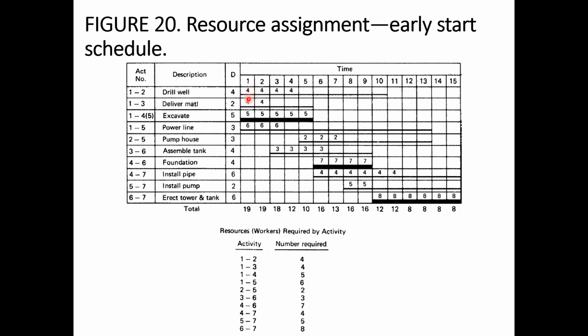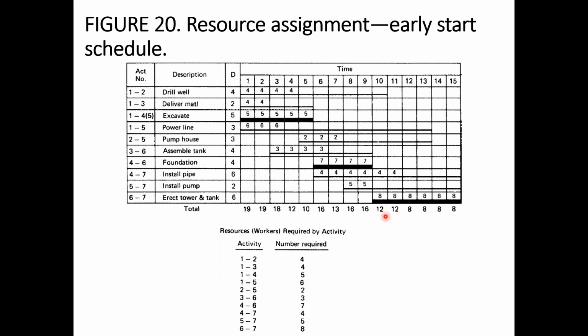Once we input these numbers, we can see that in week 1 we need 4 workers on drill well, 4 workers on deliver material, 5 workers on excavate, and 6 workers on the power line. In total, we need 4 plus 4, 8, plus 5, 13, plus 6, 19 workers in the first week. Similarly, if we add up for each week, we need 19 workers in the second week, 18 workers in the third week, 12 workers in the fourth week, and so on.